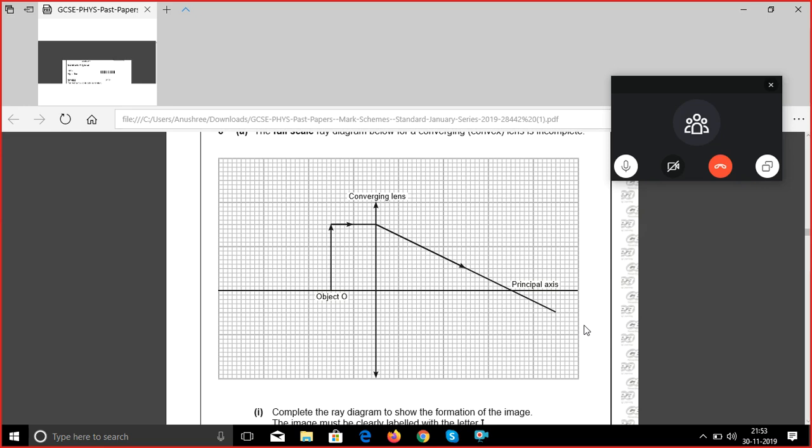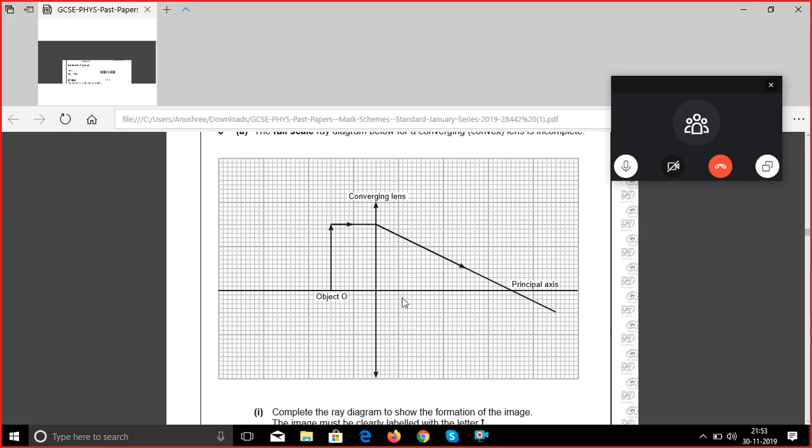The object is behind the lens. When we were studying lenses, there are a few cases, if you remember. For a converging lens, your image depends on the position of the object.